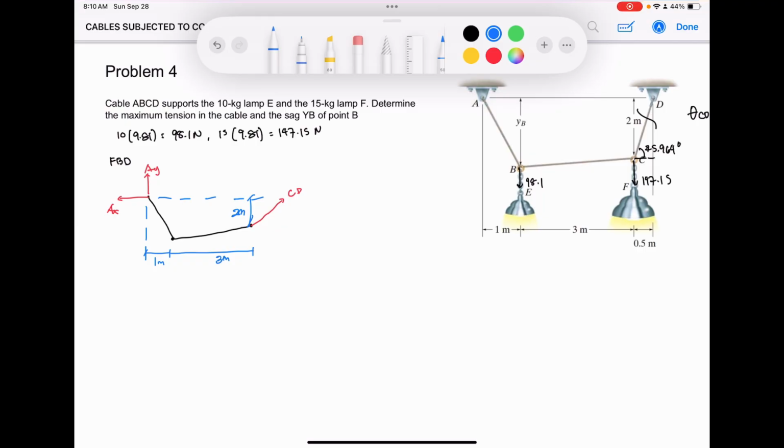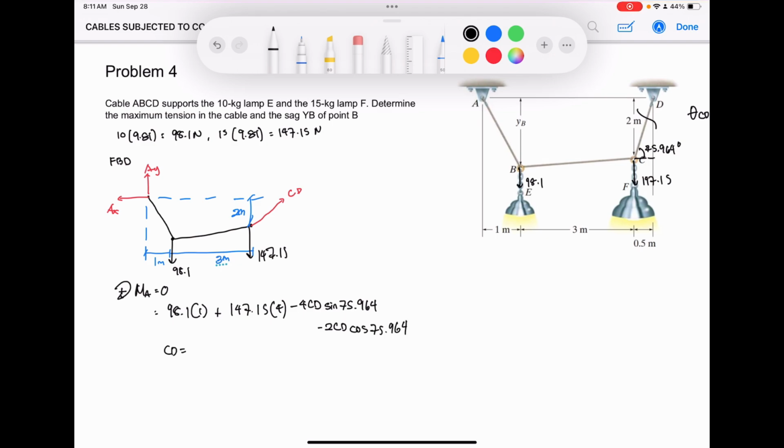So we can solve na. MA equals 0. We have 98.1 times 1 plus 147.15 times 4 minus 4 CD sine 75.964 minus 2 CD cosine 75.964.